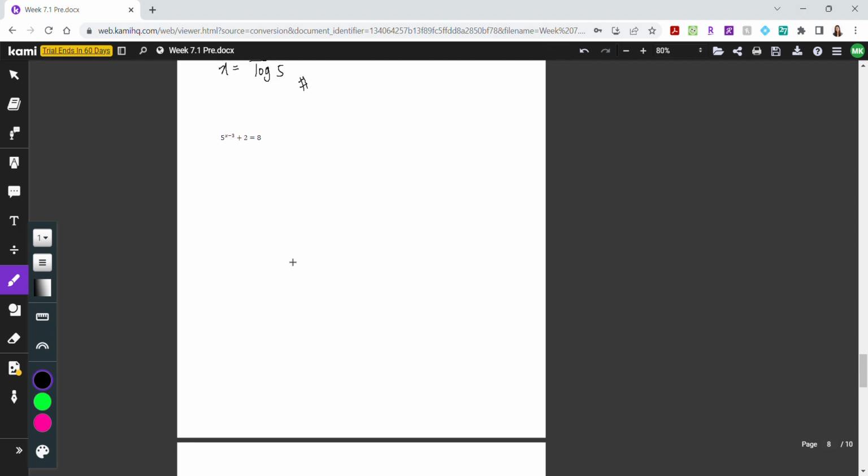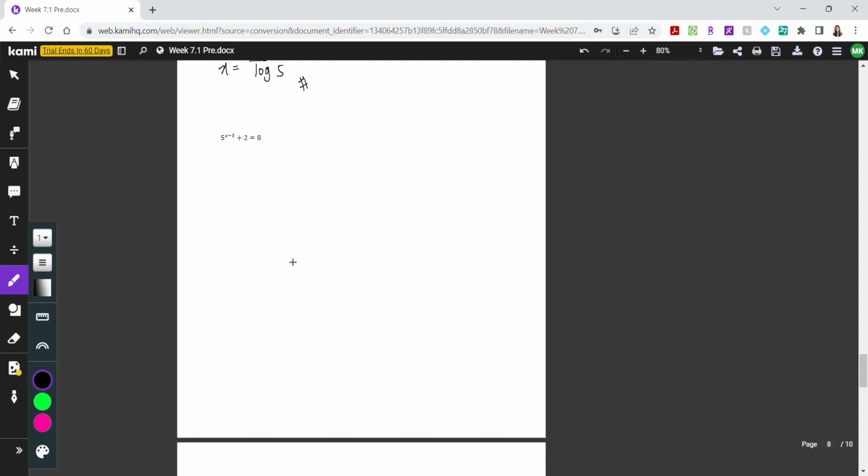Alright, now for your next question, we have 5 to the power of x minus 3 plus 2 equals 8. The first thing I want to do before I can even transform it into a logarithmic function is to get rid of the 2, because we want 5 to the power of whatever to be by itself on one side of the equation. But now it's combined with 2, so we need to get rid of the 2.